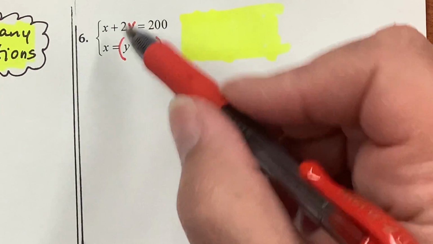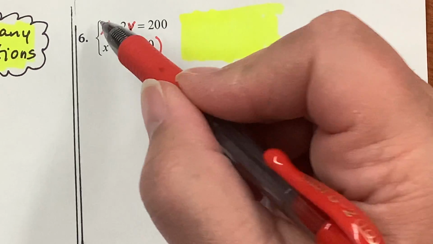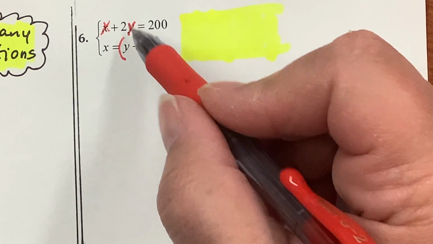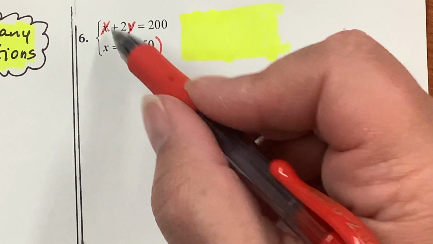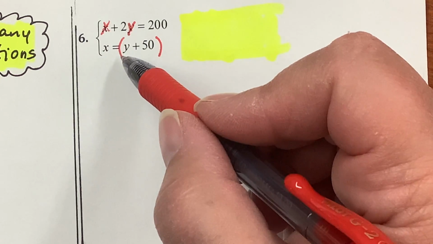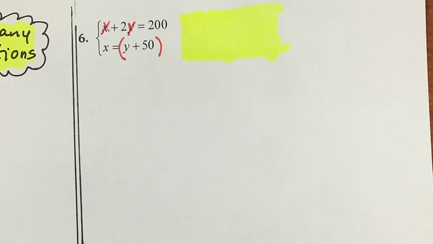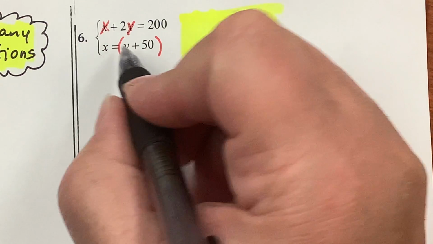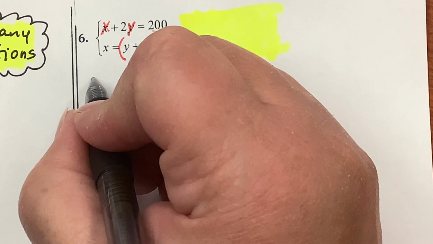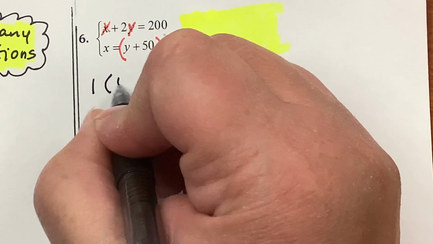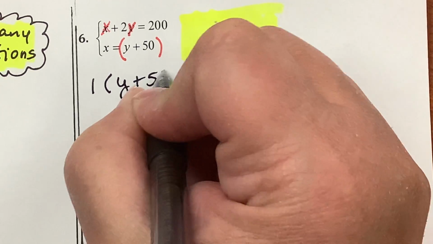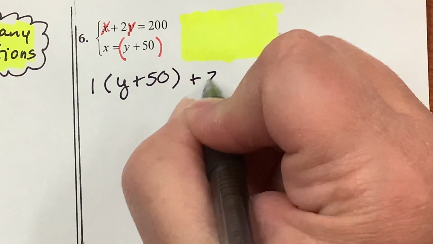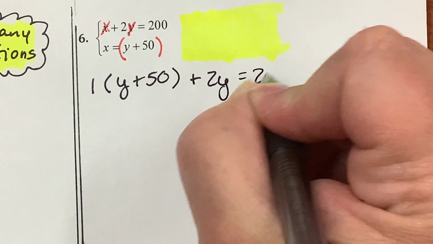So it is going to be substituted for the x in the first equation, not the y. So this goes there. Okay, let's try this again. Instead of x, I'm going to write 1 times y plus 50 plus 2y equals 200.